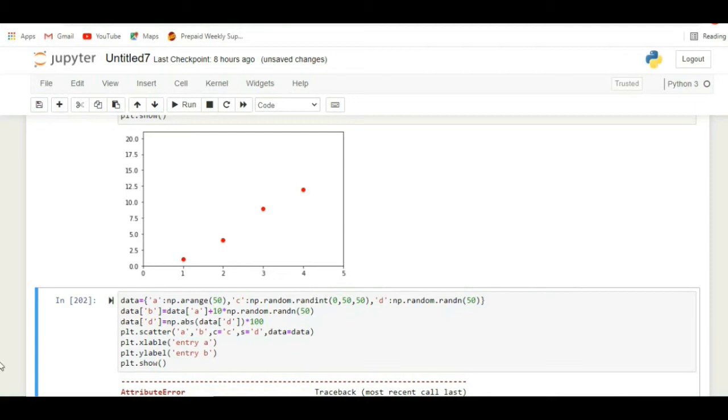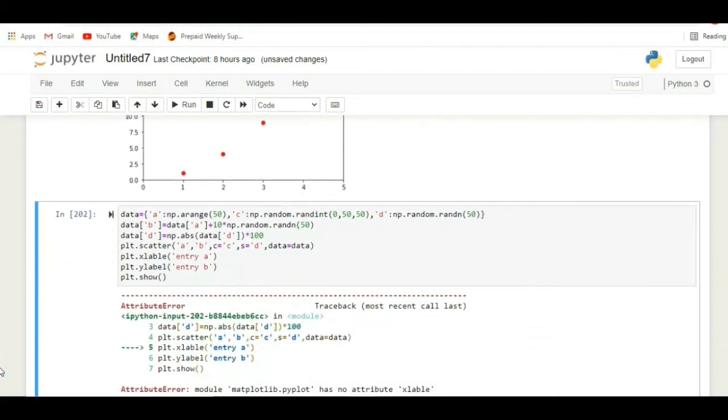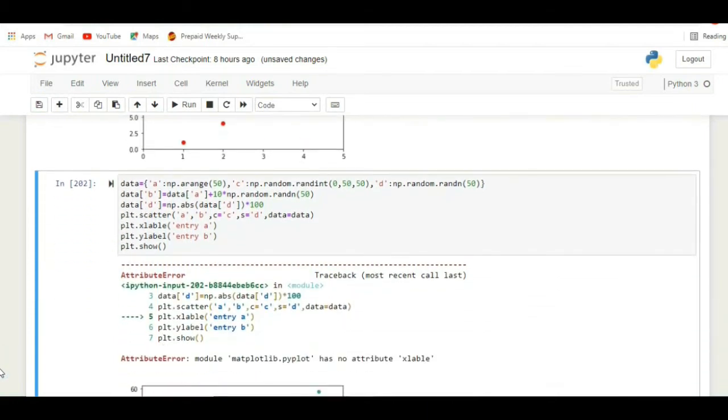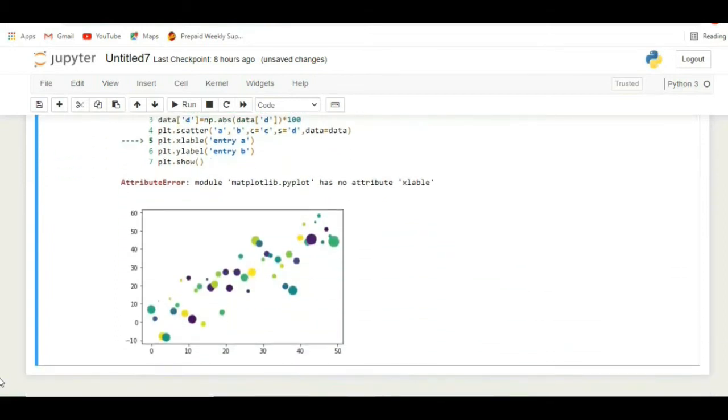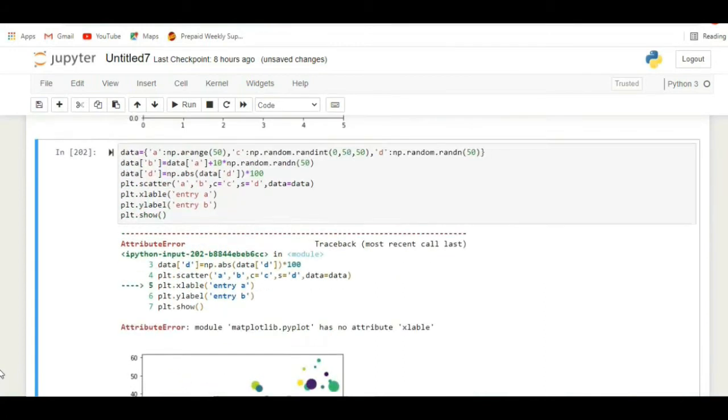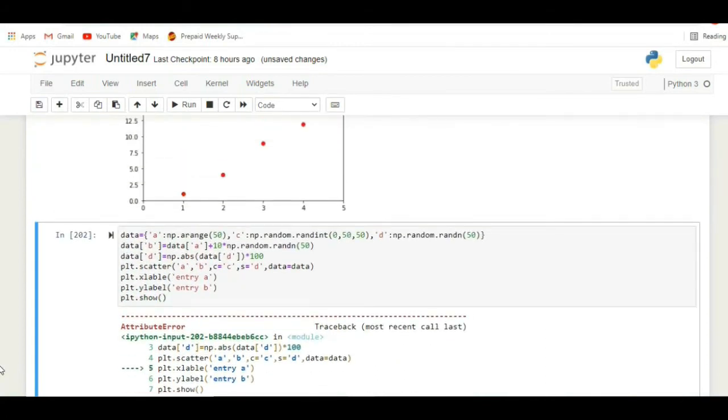Why? Because of the spelling of xlabel. The plot is showing over here, but the error is coming from xlabel because the spelling should be LABEL.